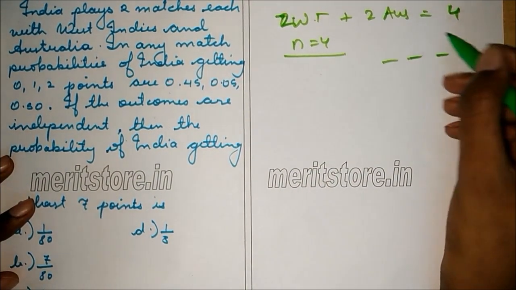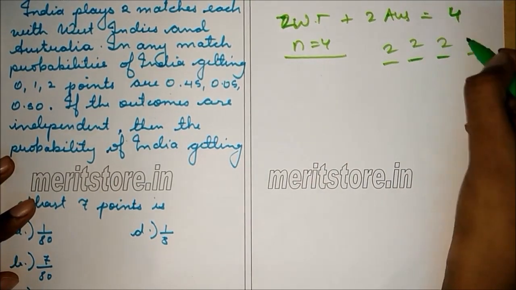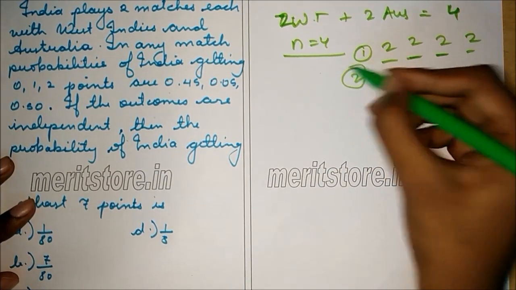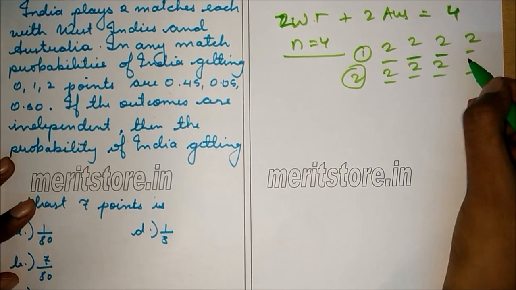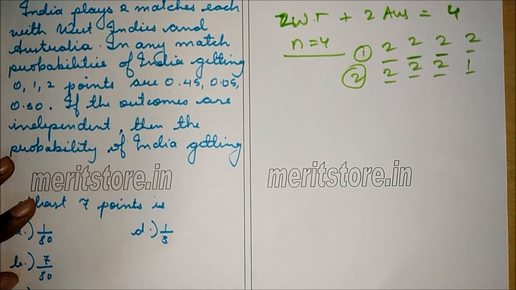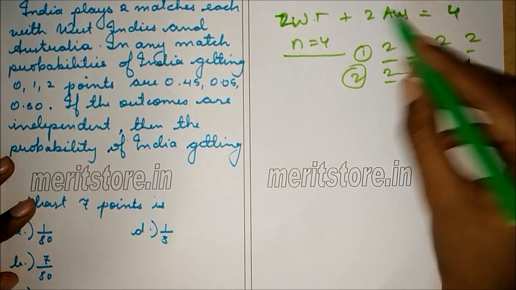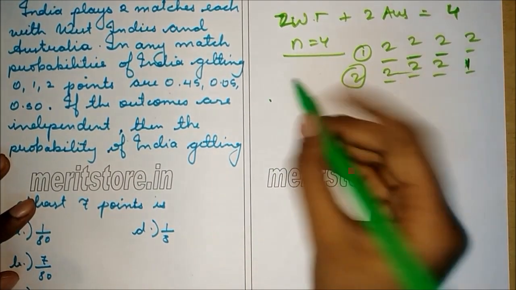So India can gain at least 7 points by either getting 2 in all matches, or another option is getting 2 in 3 matches and 1 in the last match, or any one match. So there are two possibilities.